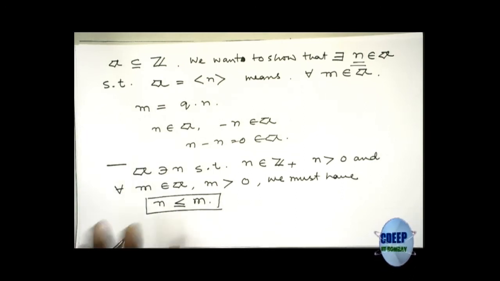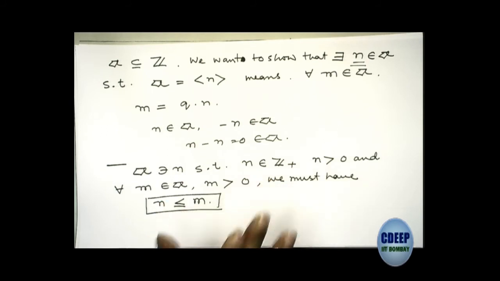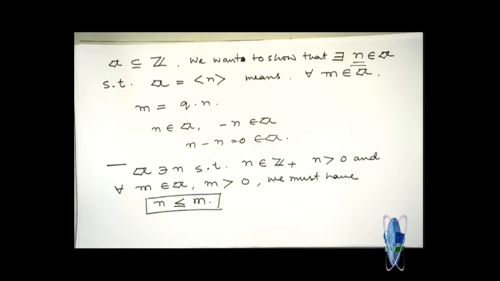Such a thing exists, right? I guess we don't have any doubt about the existence of that n. I say that this n is the generator of the ideal. The smallest positive number in the ideal has to be the generator.